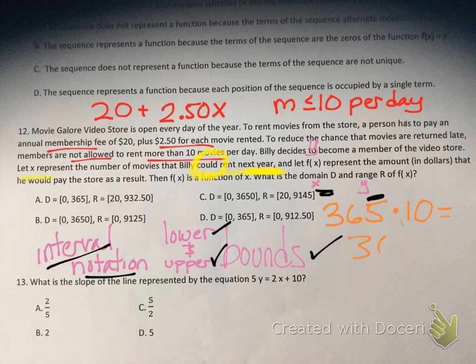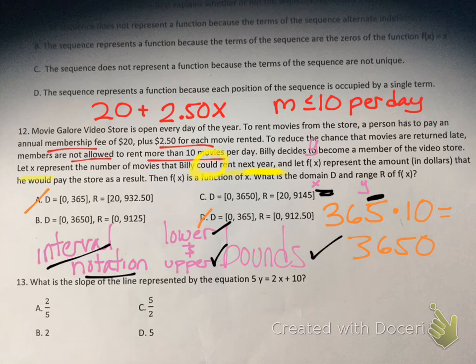So, because it says that X represents the number of movies that Billy could rent next year, well, since there are 365 days in a year, and since he could rent 10 movies per day, which is an insane amount when you think about it, 365 times 10 is 3,650.